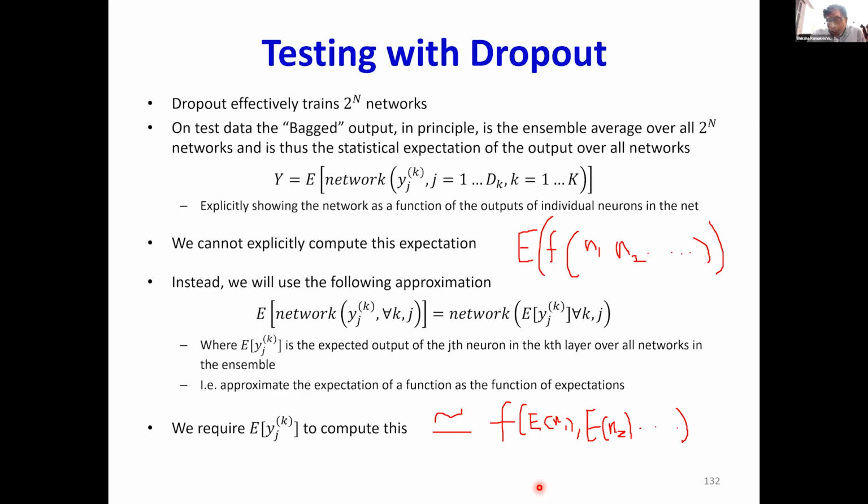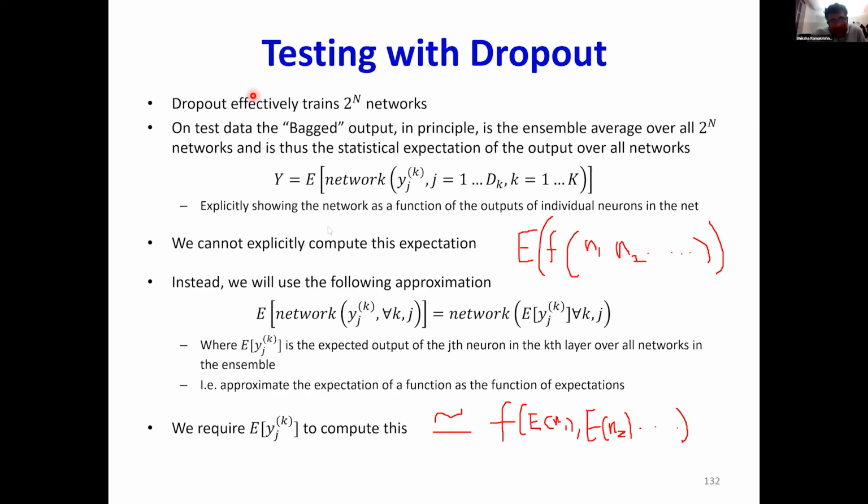Instead of taking an expectation over all the functions of neurons, you're taking the function of the expectation of neurons. Are these two going to be the same? Anyone? Guys, are these two going to be the same? If they are independent, they would be the same.